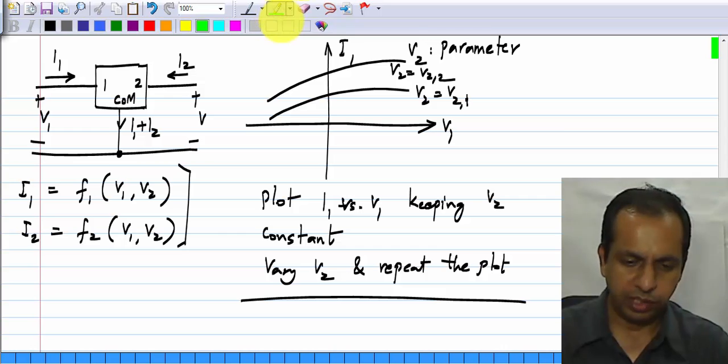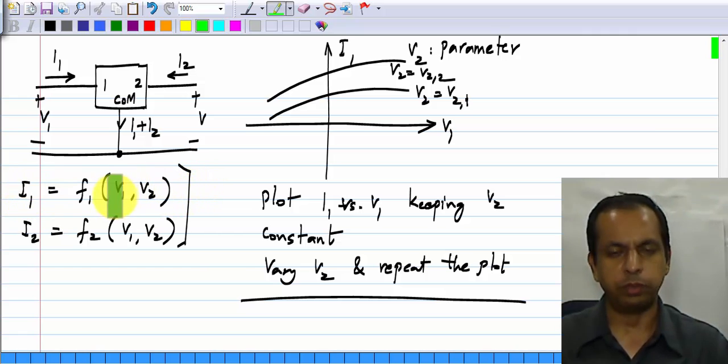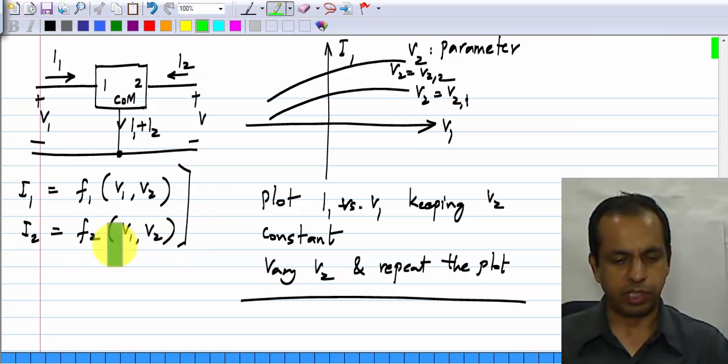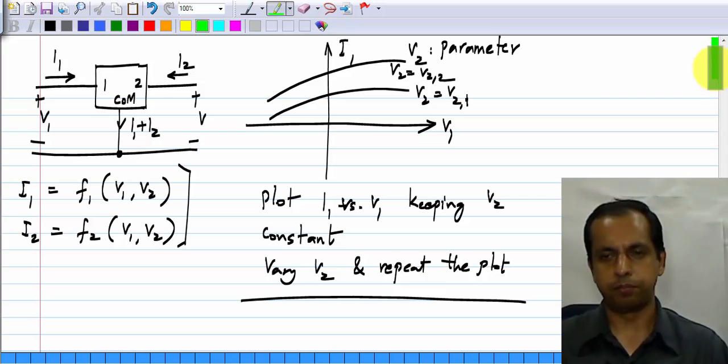So, basically you get a family of curves, and exactly the same thing can be done, and clearly you can see that there are four possible plots: I1 versus V1 with V2 being constant, I1 versus V2 with V1 being constant, similarly I2 versus V1 with V2 being constant, and I2 versus V2 with V1 being constant.